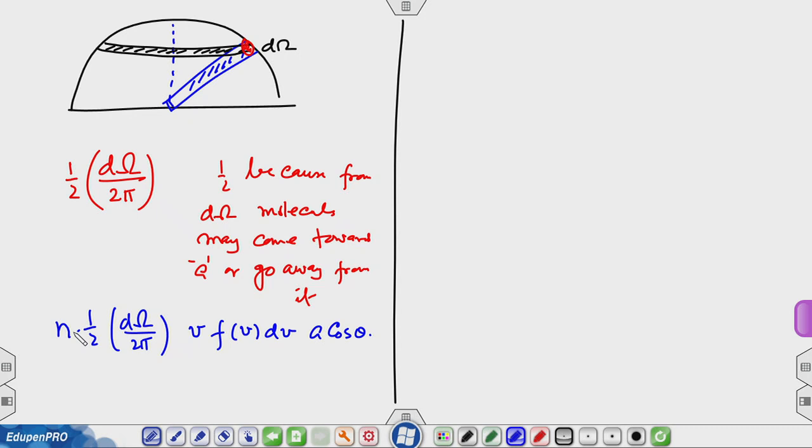So if I integrate this, I get the number of particles.